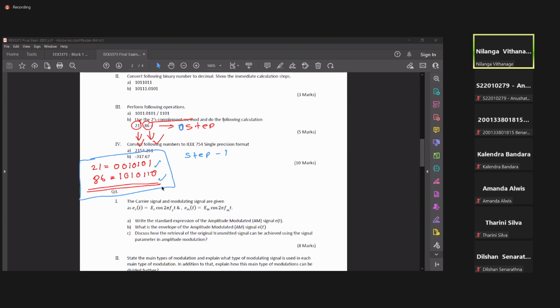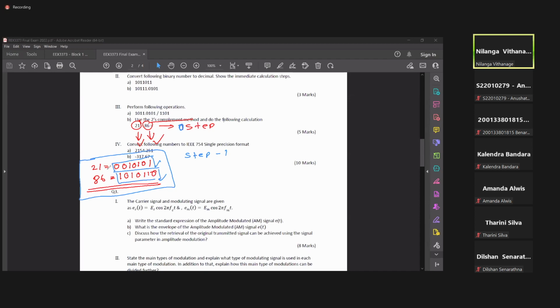The thing is, when you are using this one's complement and two's complement method, let me take a pen. When you are converting using these types of methods, you have to maintain the number of slots, right? Here, can you see there are 1, 2, 3, 4, 5, 6, 7 slots. So if you have 7 slots here, you have to maintain 7 slots here as well, right?